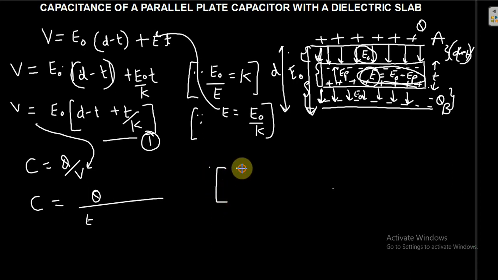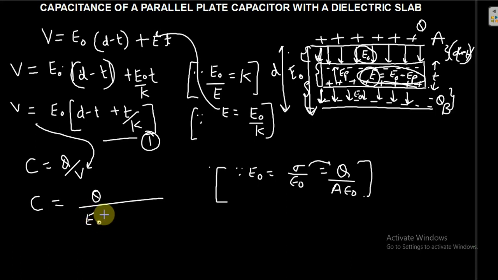So as you know, E0 is equal to sigma by epsilon naught, the electric field between two parallel plates of the capacitor or two infinite parallel plates, and your sigma is equal to Q by A. So it means you can replace your E0 with Q by A epsilon naught. So I am going to substitute the value here directly.